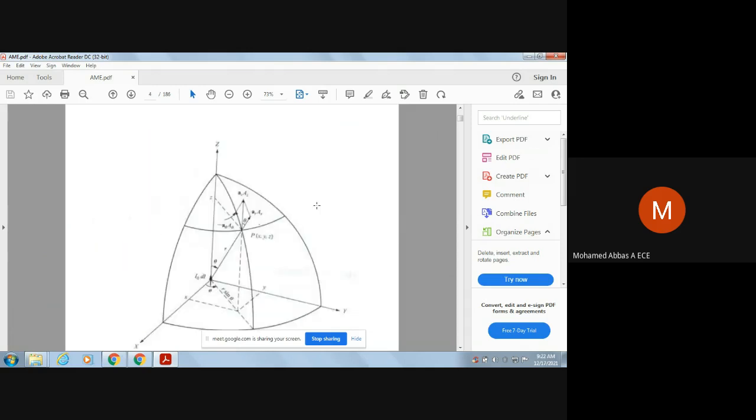See here, as per this diagram, a Hertzian dipole of infinitesimally small length, represented as I naught dl, is placed at the origin, and we are going to analyze this Hertzian dipole from some farther distance P. So here P of x, y, z is mentioned. We are going to analyze from the farther point P.